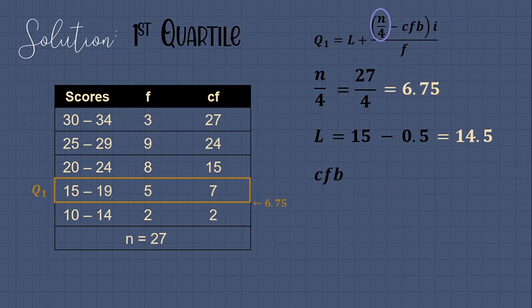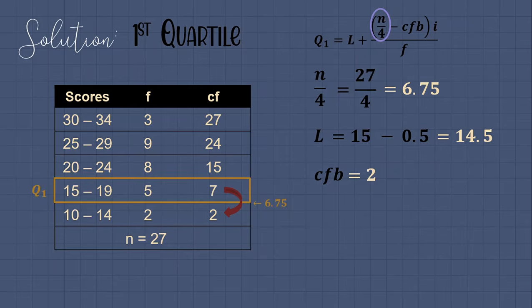Next, we can locate our CFB, or the cumulative frequency from below. From the word itself, from below. If the CF of our quartile 1 class is 7, we can get the one below it, which is 2. So that is our CFB.